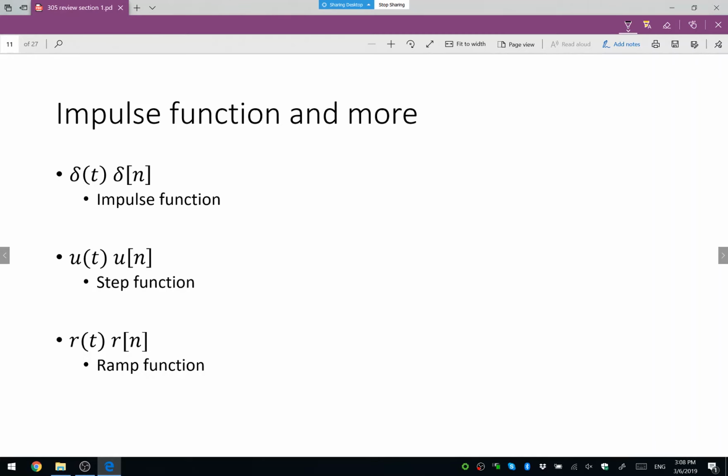You can remember them by the look. For a discrete signal, the unit impulse function is only non-zero at n equal to 0, and the value is 1. And the unit step function looks like this: from 0, and after that it is always 1.